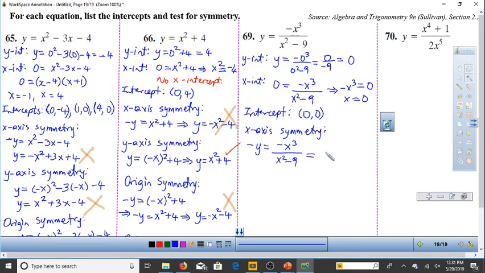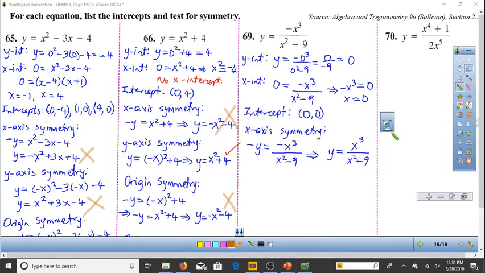If I multiply both sides by negative 1, that will give me y equal to positive x cubed over x squared minus 9. Please note that I did not multiply the numerator and denominator both by negative, only one of them, in which case I chose the numerator. Multiply the numerator only by negative 1, and we get an equation that is not the same as the original. So there is no x-axis symmetry.